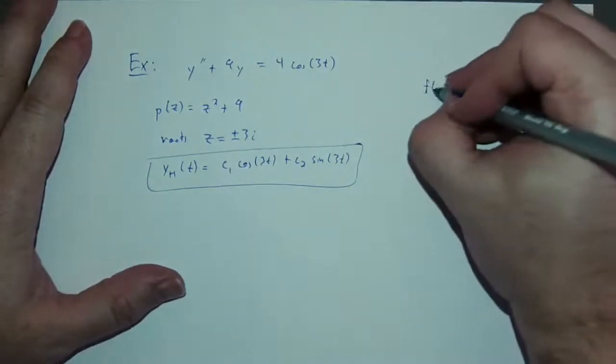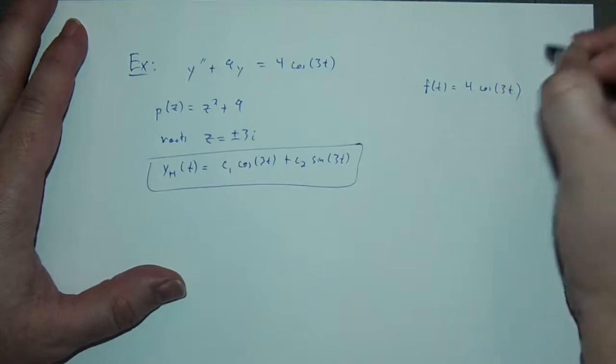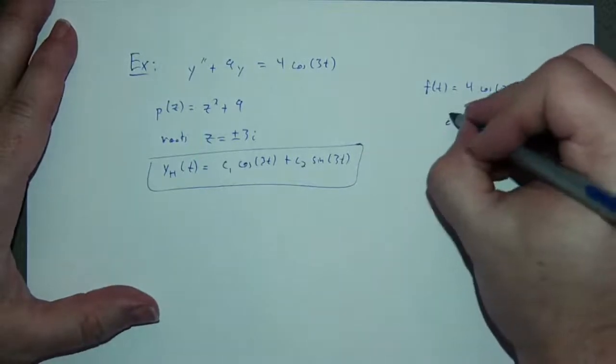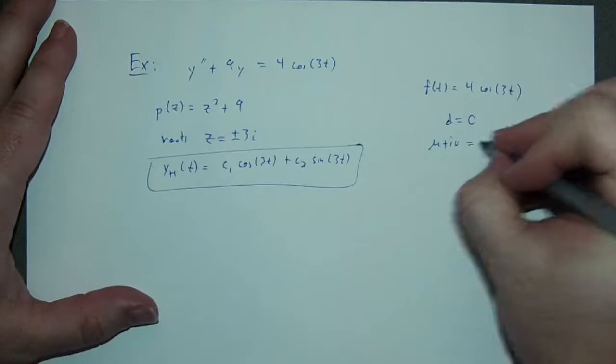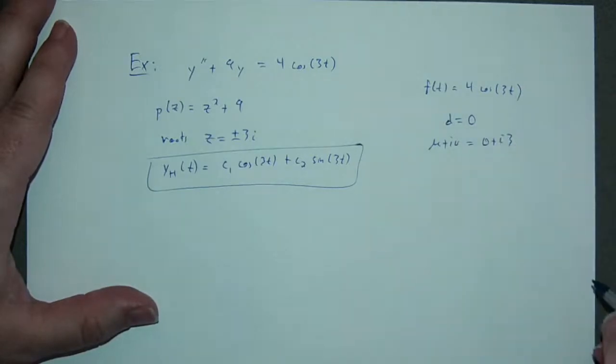So f of t, of course, is 4 cosine of 3t. So the degree is still 0. Its characteristic is 0 plus i times 3, or just 3i.